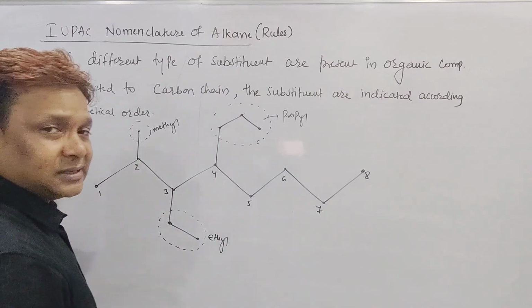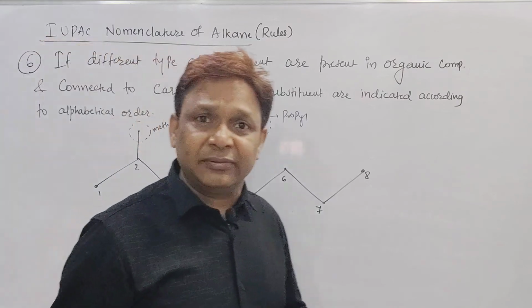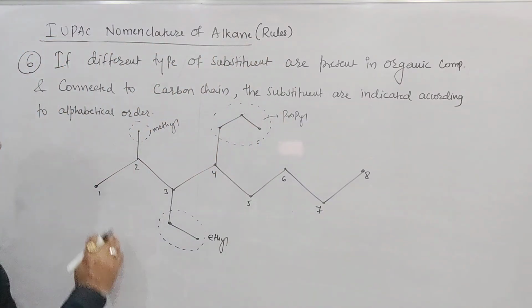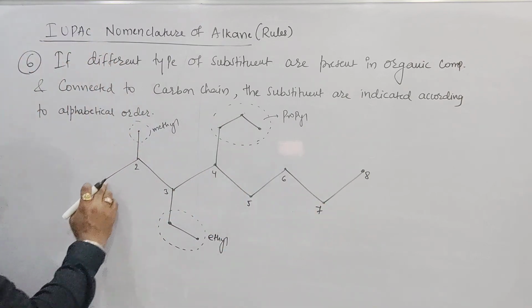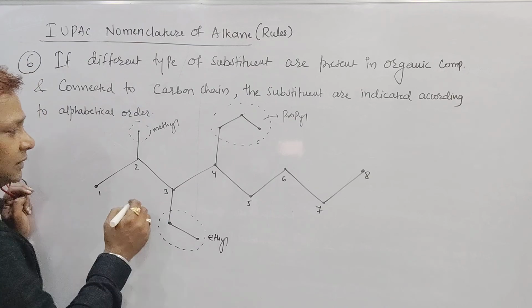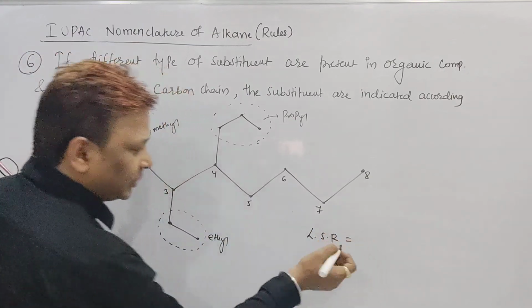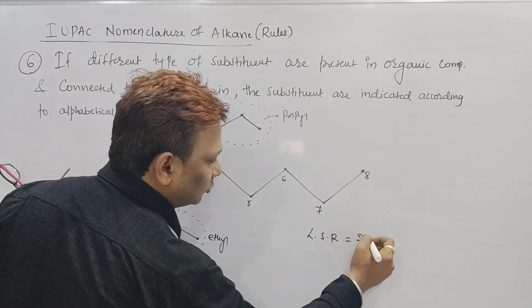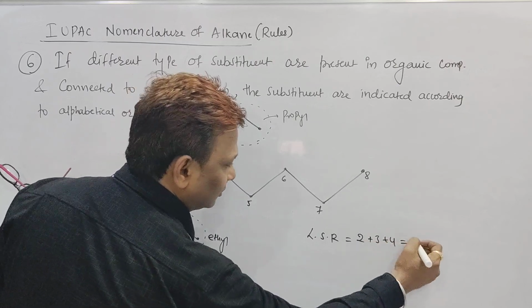Then rule number 2 asks whether there are two different parent chains of the same length. No sir, I am getting only 8 here. Either I go from here to 8, or from the other side. But why have we given numbering from here? Just check the LSR, the lowest sum rule. 2 plus 3 plus 4: 4 plus 3 is 7, plus 2 is 9.